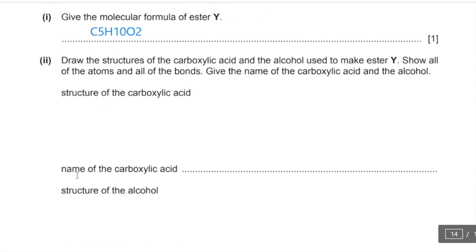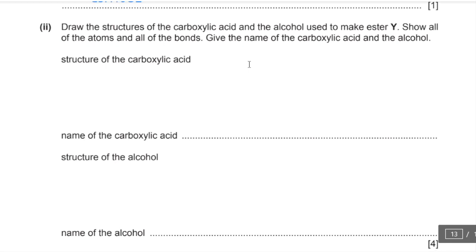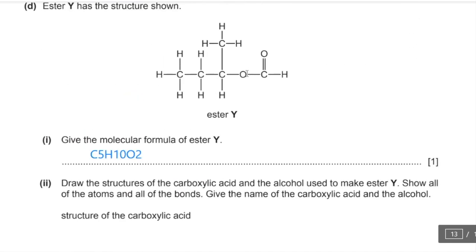Draw the structures of the carboxylic acid and the alcohol used to make ester Y, show all of the atoms and all of the bonds, give the name of the carboxylic acid and the alcohol. Alright, so if you can see over here, this is the ester bond with this part has come from the acid, and since this only has 1 carbon, that means the acid would have been methanoic acid, and this part which has come from the alcohol has 4 carbon atoms, which means the alcohol would have been butanol.